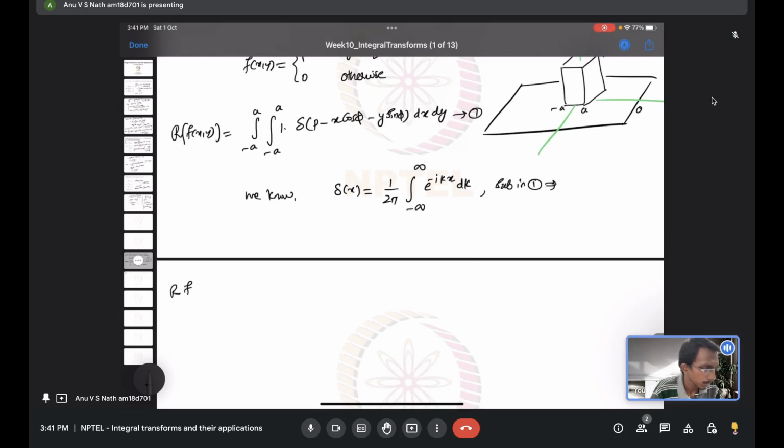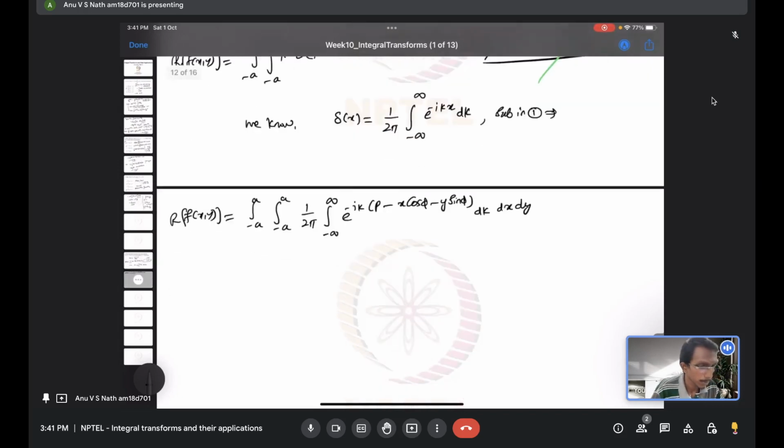So the Radon transform of f of x comma y is the integral from minus a to plus a, minus a to plus a, of 1 by 2 pi, integral from minus infinity to plus infinity, e raised to minus ik times, in the place of x, we substitute this entire expression, p minus x cos phi minus y sin phi, then dk, dx dy.